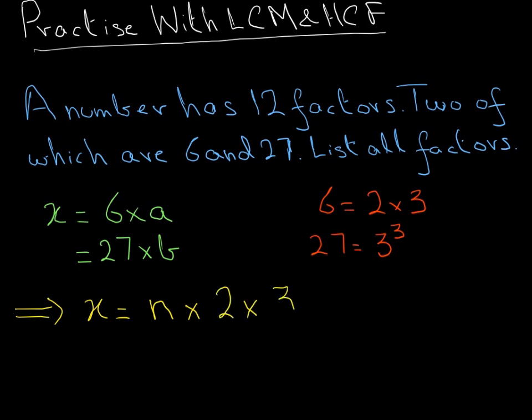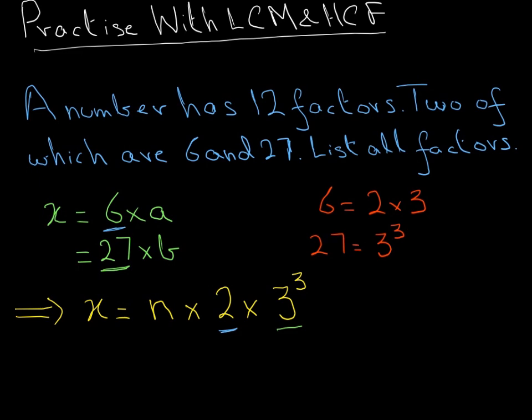Because if it does not contain three 3s, it can't be a multiple of 27. And if it does not contain a 2, it can't be a multiple of 6, because 6 contains a 2. So you must have a 2 and 3 cubed. It can contain more stuff if it wants to.